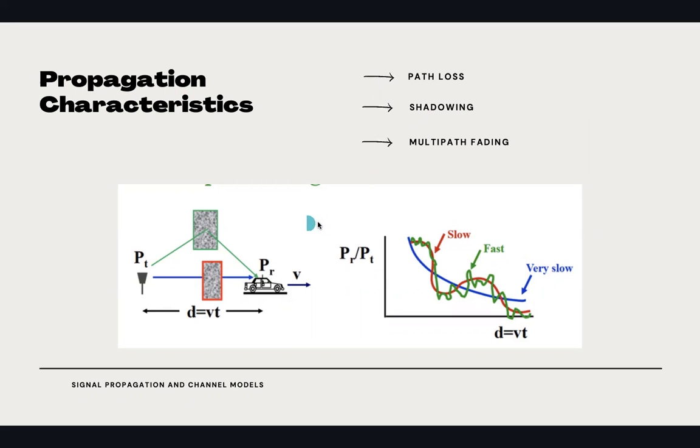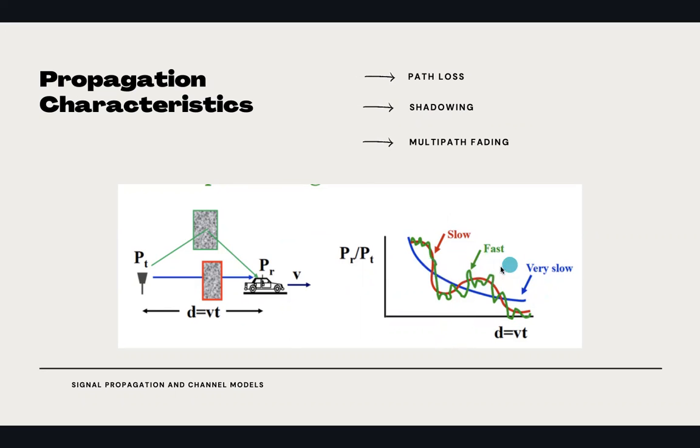As you can see here from the graph, the y-axis represents the power received, since the transmitted power is constant, and the x-axis depends on the distance between the transmitter and receiver.